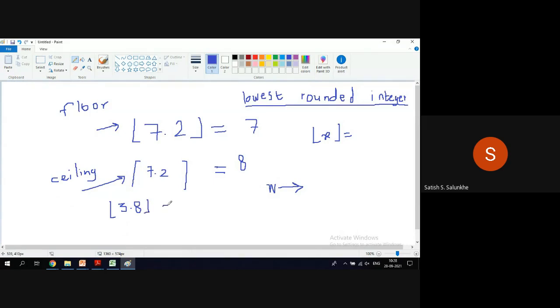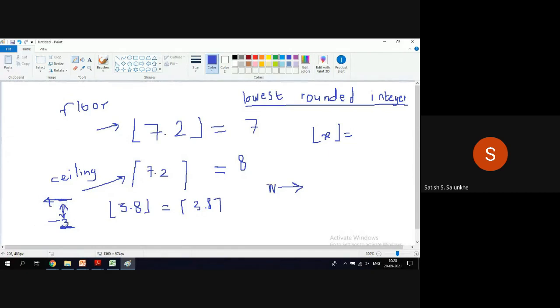The floor function will give the lowest possible integer, 3, and the ceiling gives the highest possible integer, which is 4. Anything intermediate, if you apply it here in the floor function, it will always give the floor value. What is the floor value for this? That is 3. If you apply this to the ceiling function, the ceiling means topmost, the highest value in this range. That is 4.